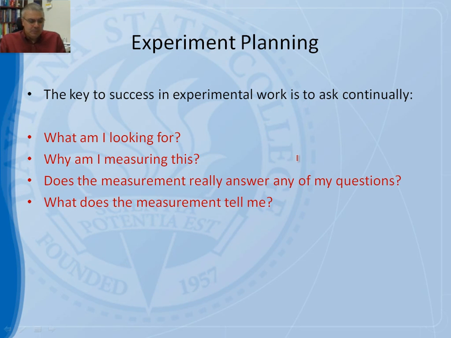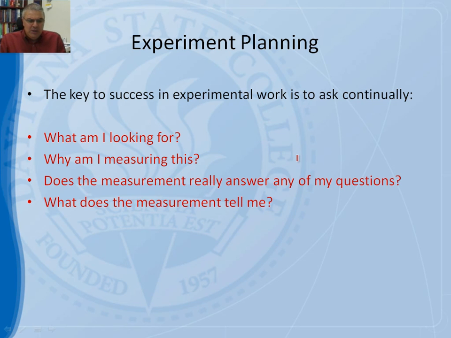So let's move on to a more important part of today's discussion, which is experiment planning. How do we actually go about planning an experiment, and how do we go about planning a successful experiment, not just an experiment, but a successful experiment?